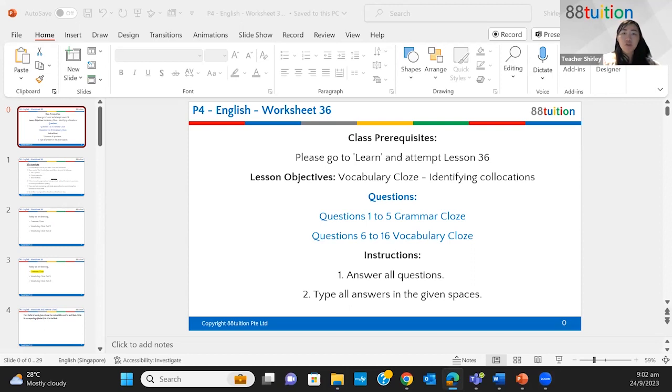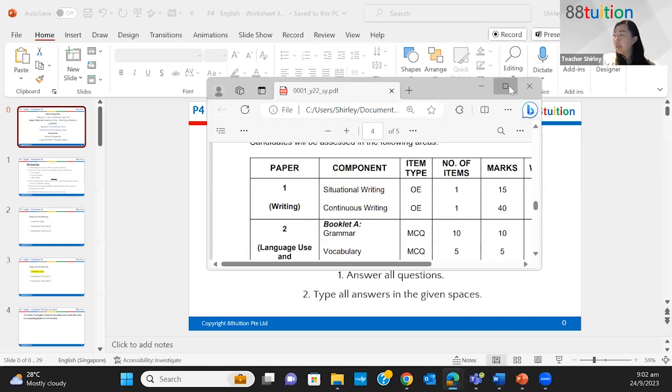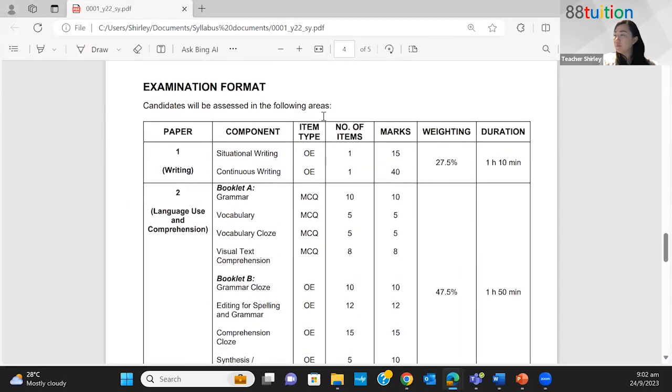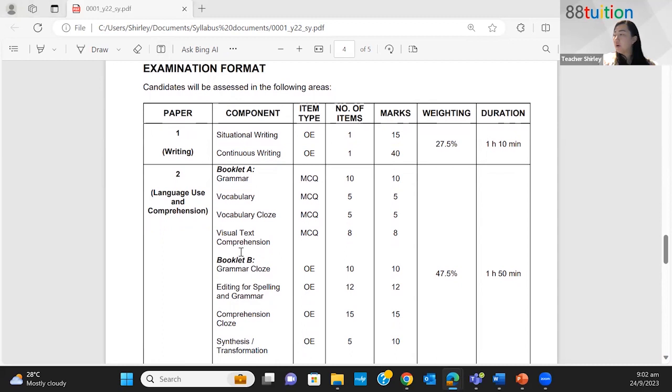Okay, maybe I'll just show you very quickly. This is the exam format for PSLE English, right? The examination format. Okay, so as I was saying, grammar cloze, if you see, is 10 marks.